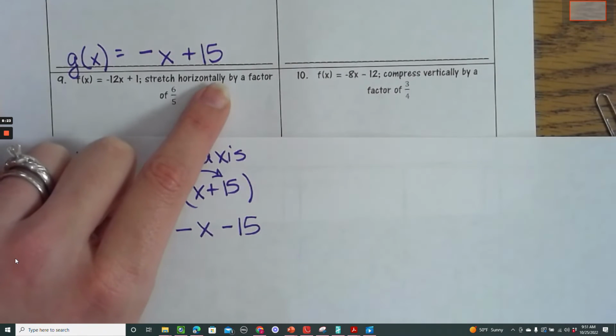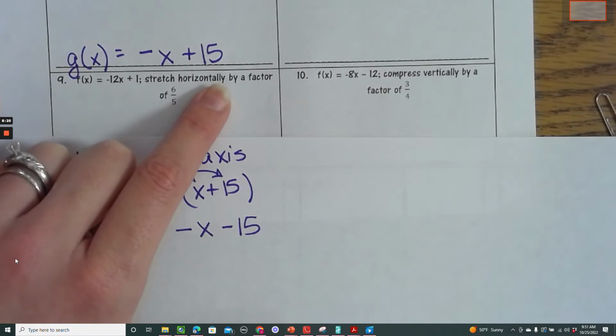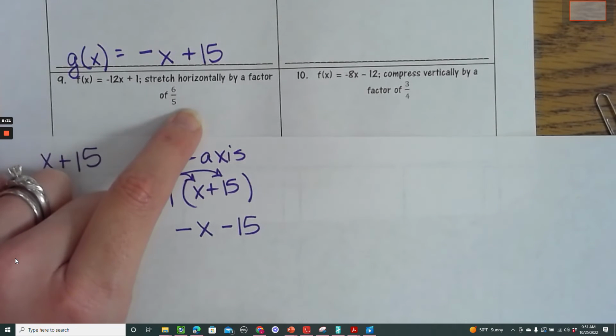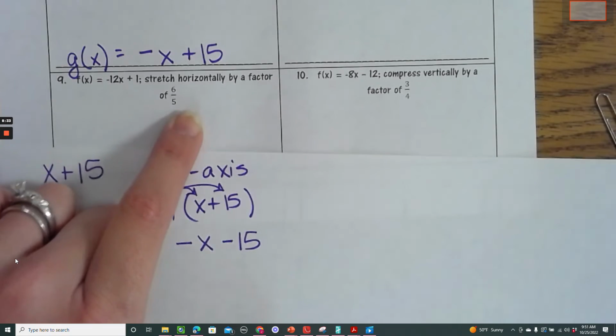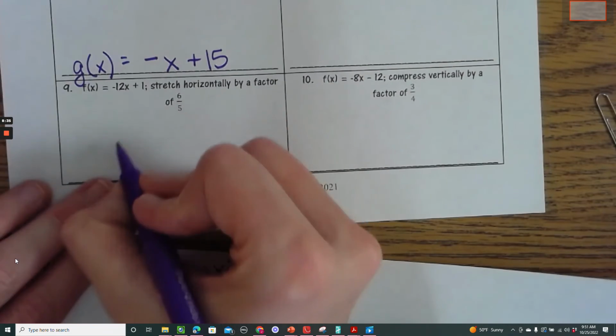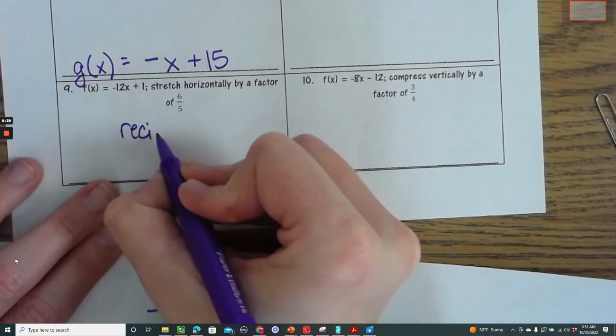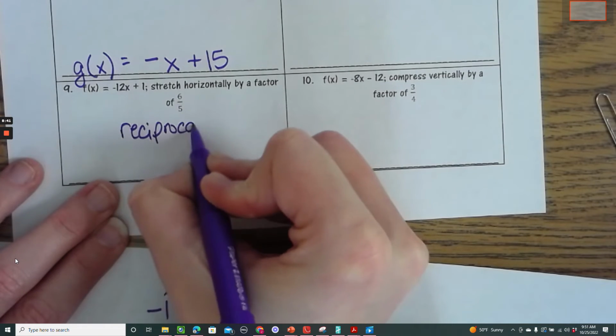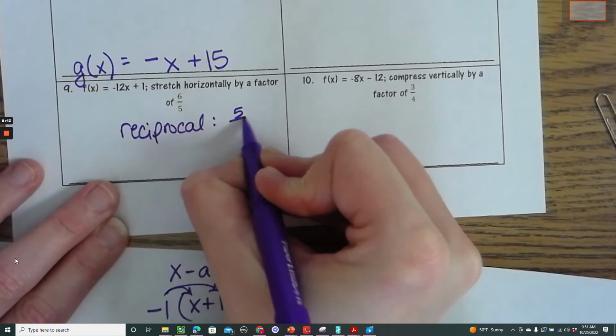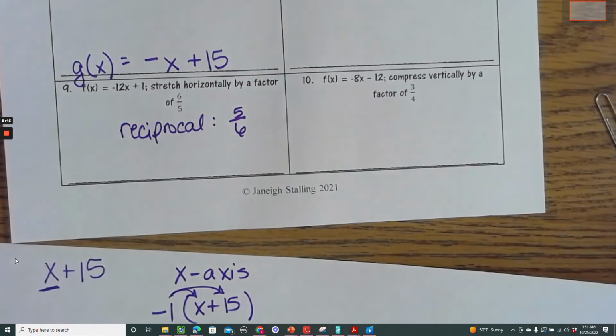If I'm doing a horizontal stretch, I have to use the reciprocal. Y'all remember what the reciprocal is? What's the reciprocal of 6 over 5? 5 over 6. Zach, head up. So the reciprocal is 5 over 6. Okay?